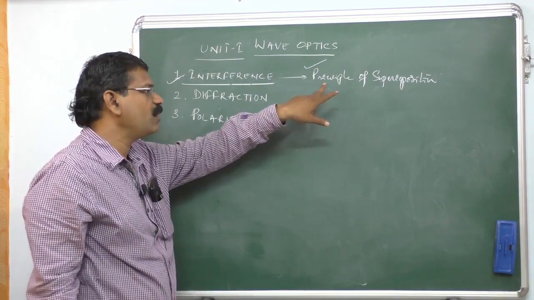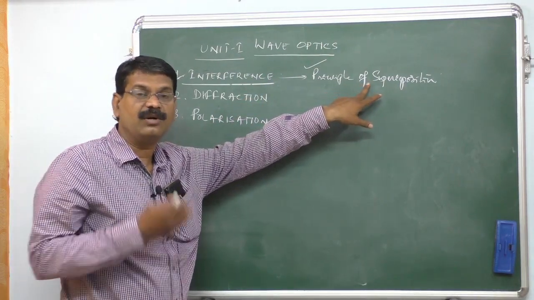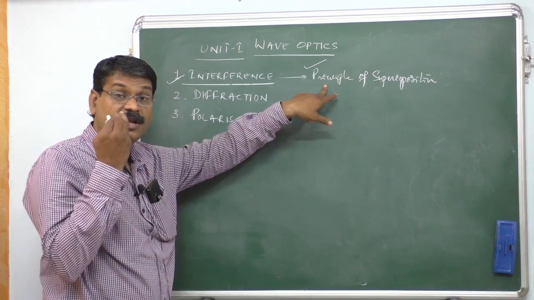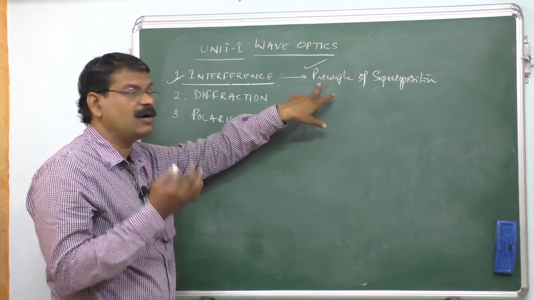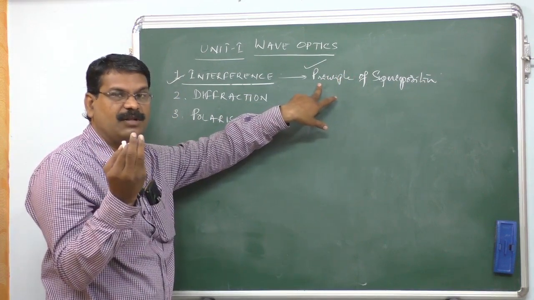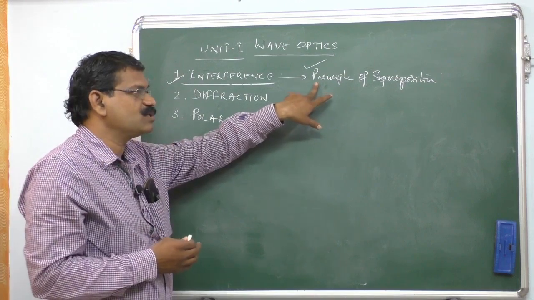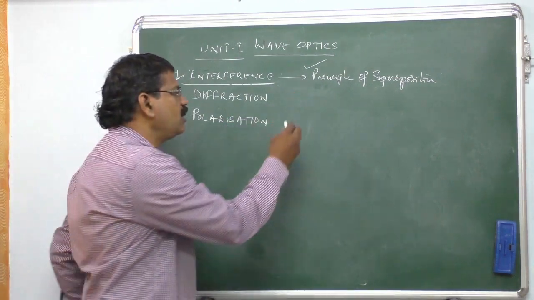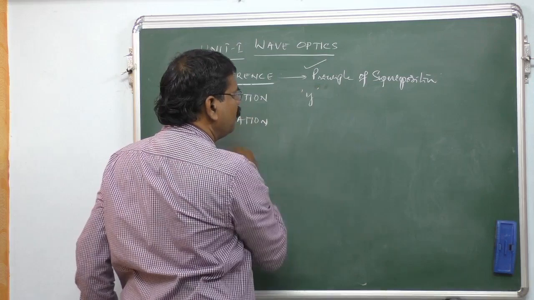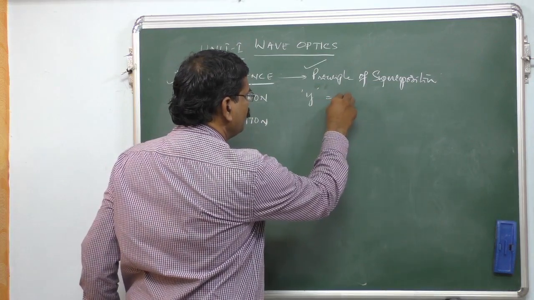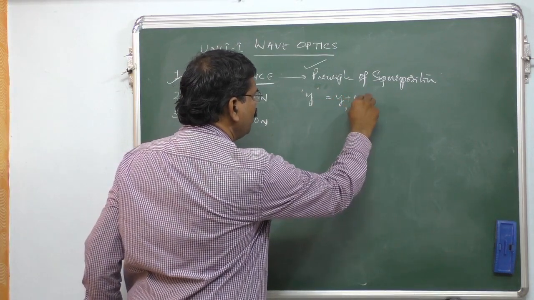We call it the principle of superposition. How would we define this? The resultant amplitude is equal to the algebraic sum of the displacements of the individual waves. We consider that y is the resultant amplitude, which is equal to the displacements of the remaining waves.